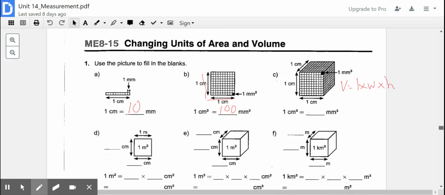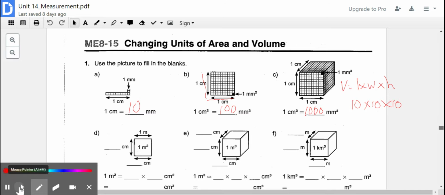So let's go with 10 millimeters by 10 millimeters by 10 millimeters. 10 to the power of 3, 10 cubed. 10 times 10 is 100. 100 times 10 is 1,000. So in 1 centimeter cubed, there's 1,000 millimeters cubed.